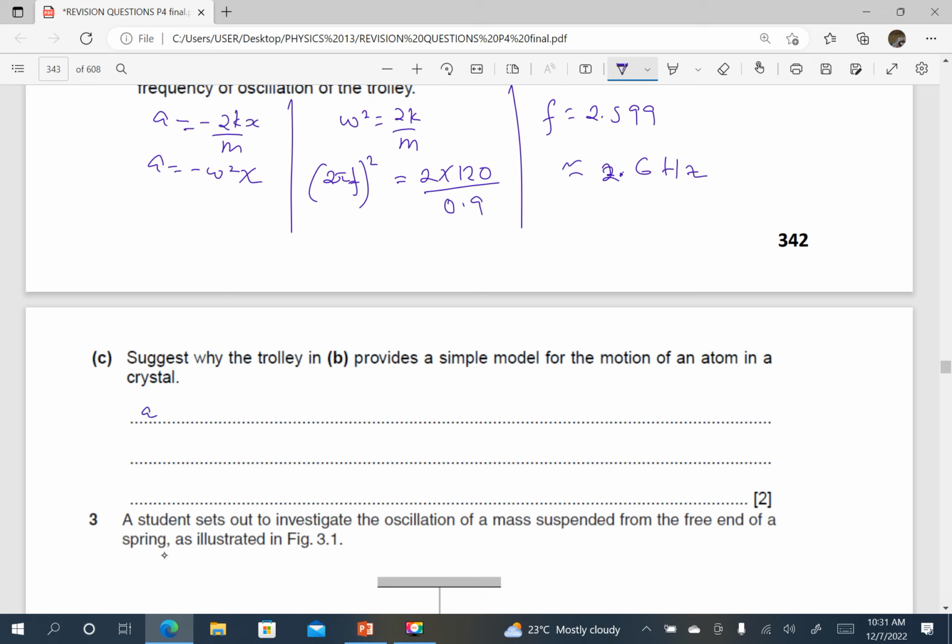So we can say an atom in a crystal is held in position by attractive forces and the atom oscillates.